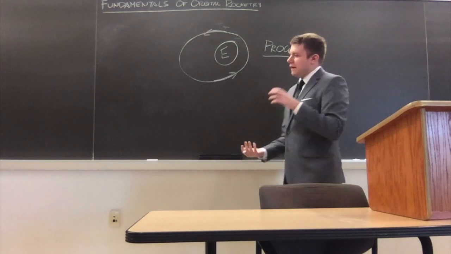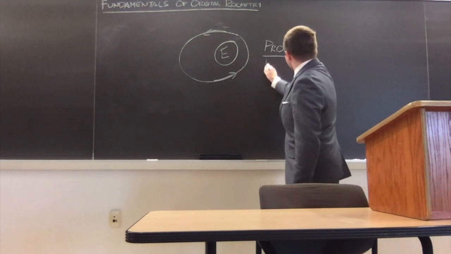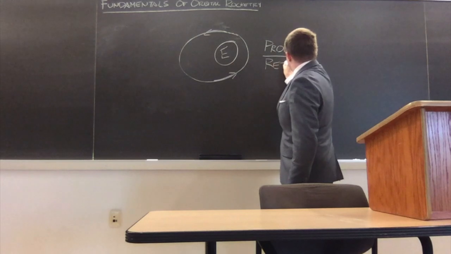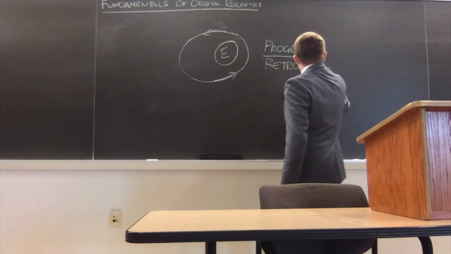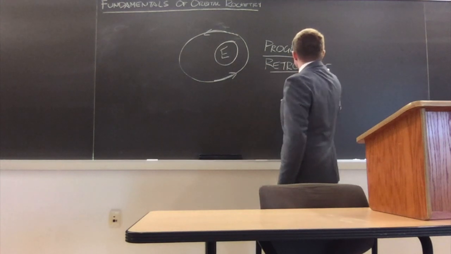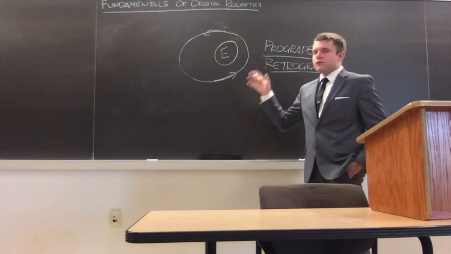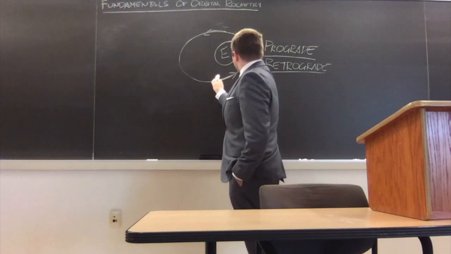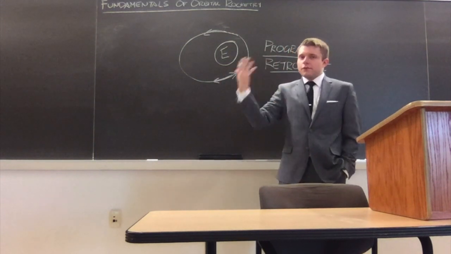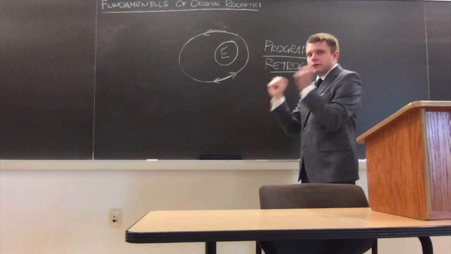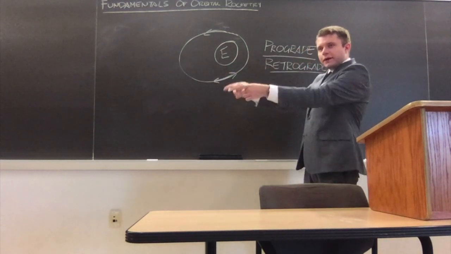This also has a corollary, which is called retrograde, which is backwards. These are the first two directions that we talk about. If you have a rocket pointing along prograde and you fire the engine, you will accelerate, you will speed up.